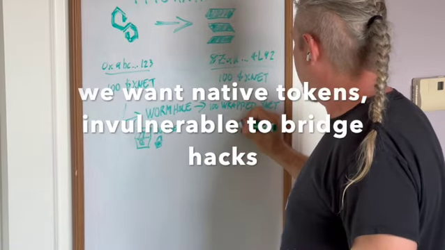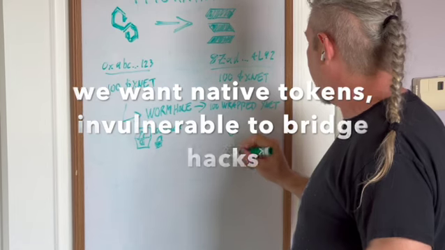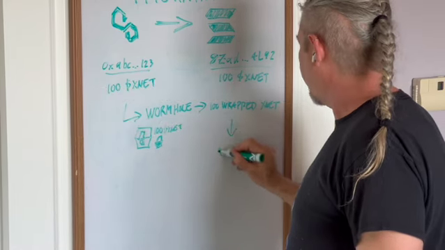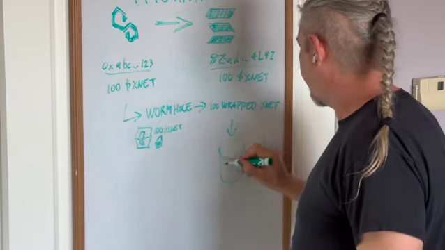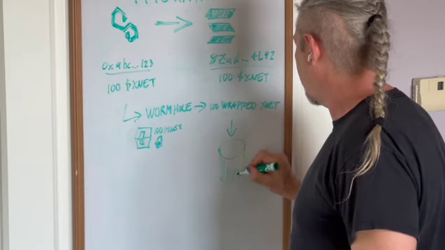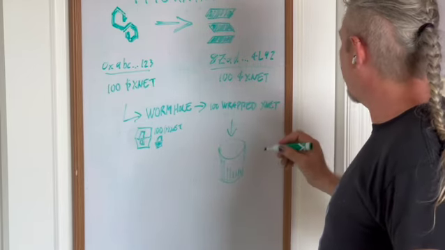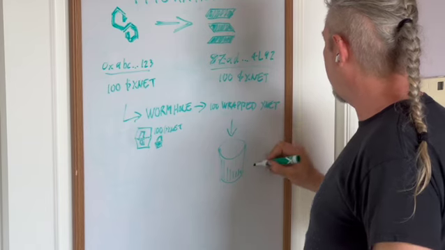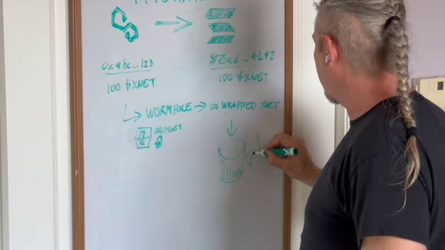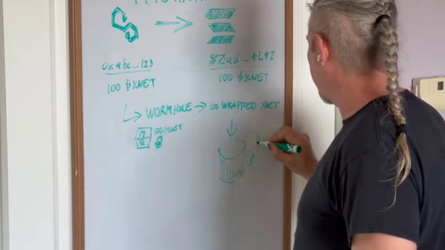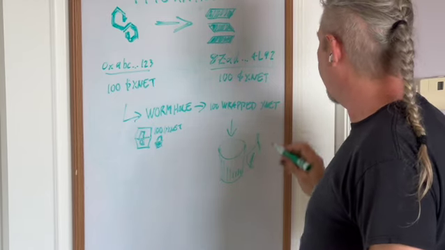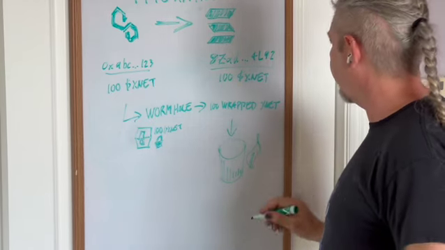So the next step is these tokens are then fed into our fancy little converter contract, and the 100 wrapped tokens go in this side and are effectively burned. They become unspendable and inaccessible.